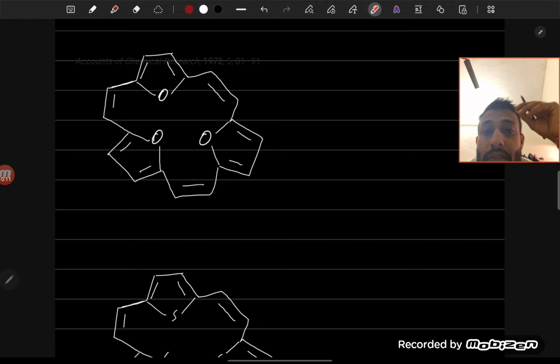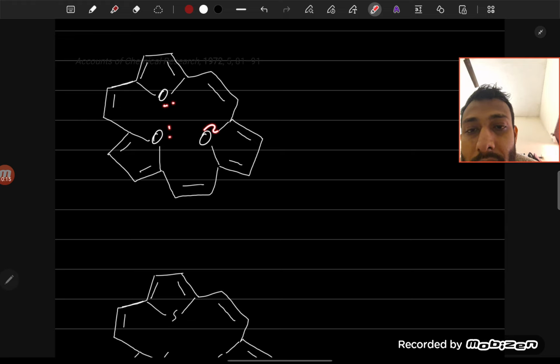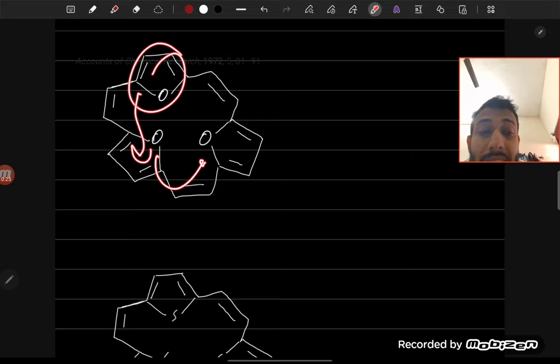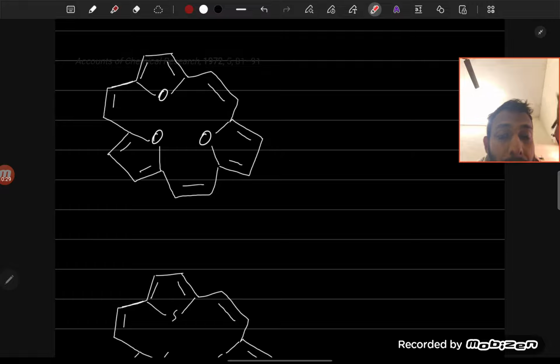Now we can see that it has a lone pair here. These lone pairs are taking part in a ring if we isolate this, but if we connect them consecutively, then they form a big, large ring.